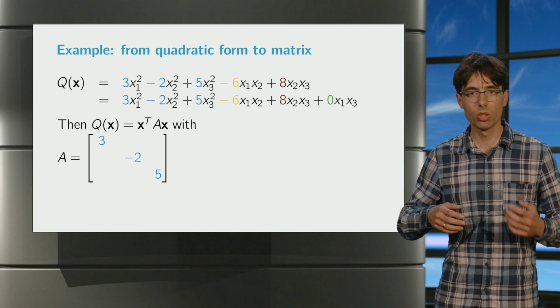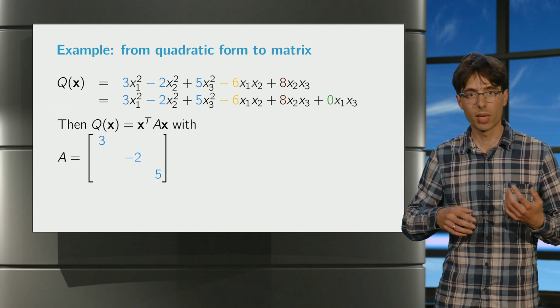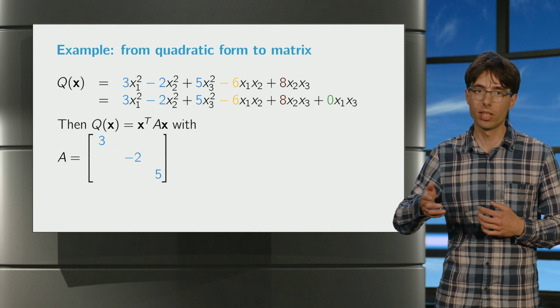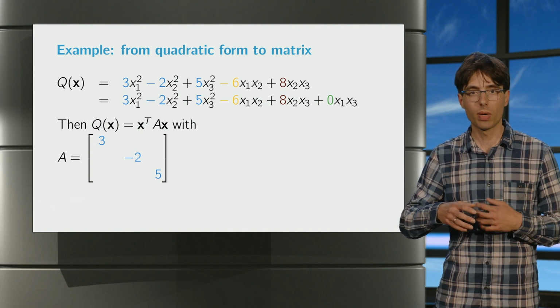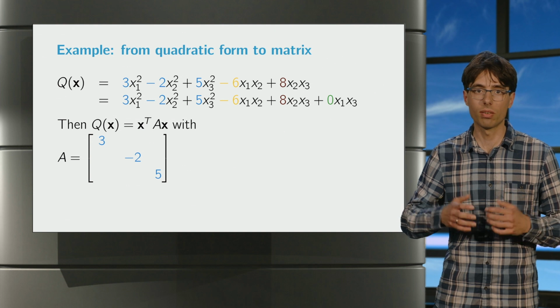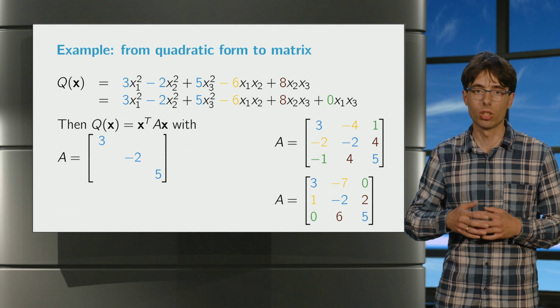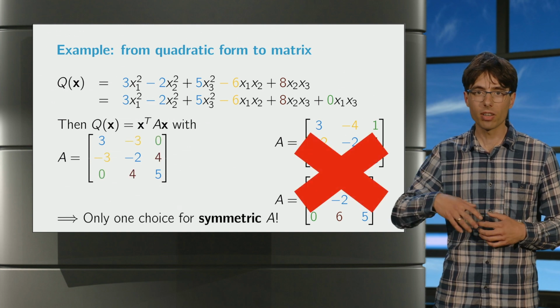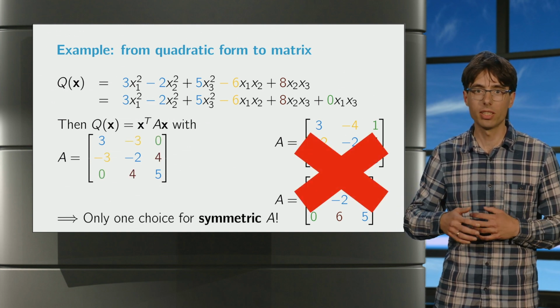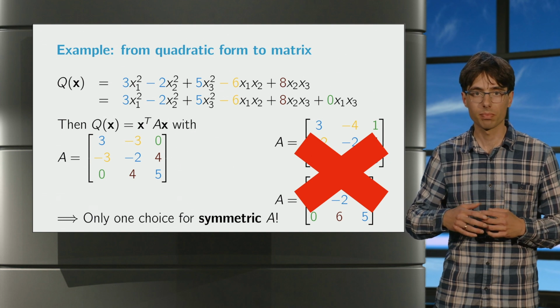The 1,2 and 2,1 entries should add up to minus 6, the 2,3 and 3,2 entries to 8 and the 1,3 and 3,1 entries to 0. But that leaves us with several different options, of which we have shown two. However, only one of these choices leads to a symmetric matrix.